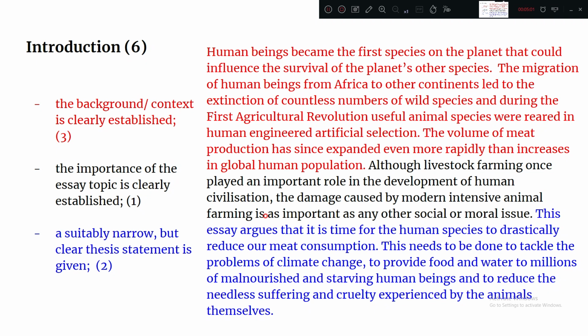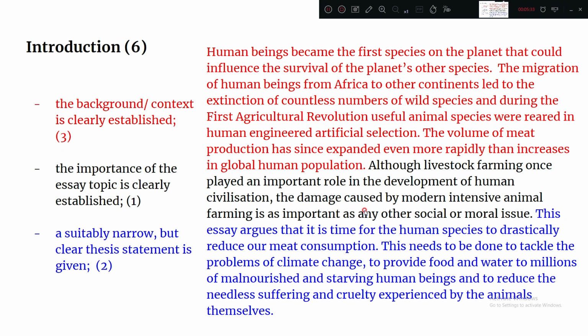I provide quite a lot of evidence that the problems relating to livestock farming, to agricultural production of meat, do cause huge problems for global society. So I think this statement is very realistic when I say it is as important as any other social or moral issue.